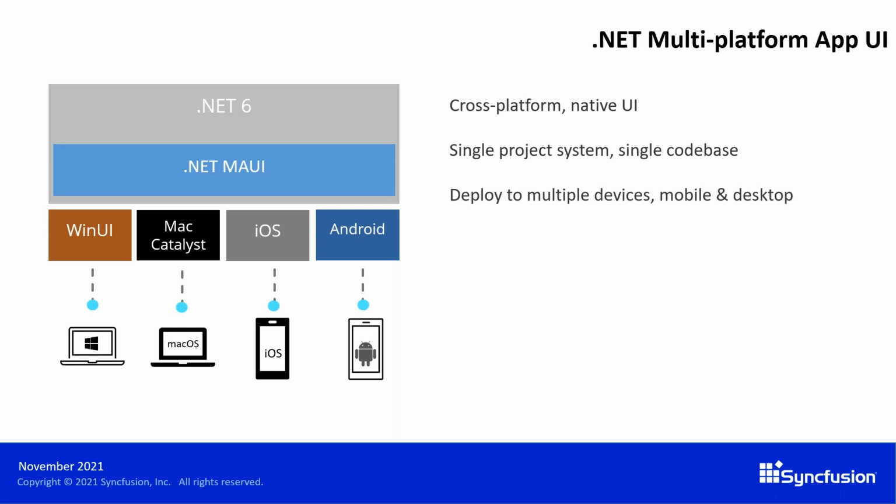We can deploy to multiple devices, mobile and desktop, at the same time. As you may already have read, the general availability has moved to the second quarter of next year. And of course, you can find the roadmap and everything on GitHub.